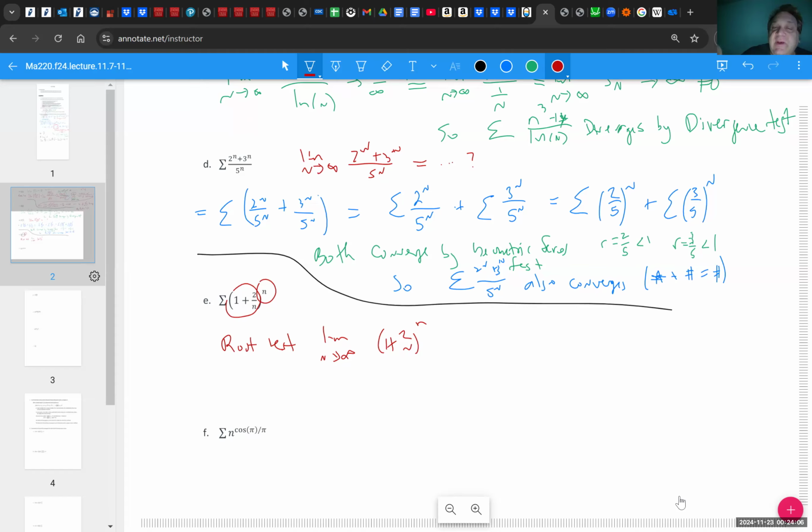The way the root test works is you take your a_n, your original series function, 1 plus 2 over n to the n. And you take this and you raise it to the 1 over n power, right? That's the idea of the root test, is you take your thing and raise it to the 1 over n and see what you get.